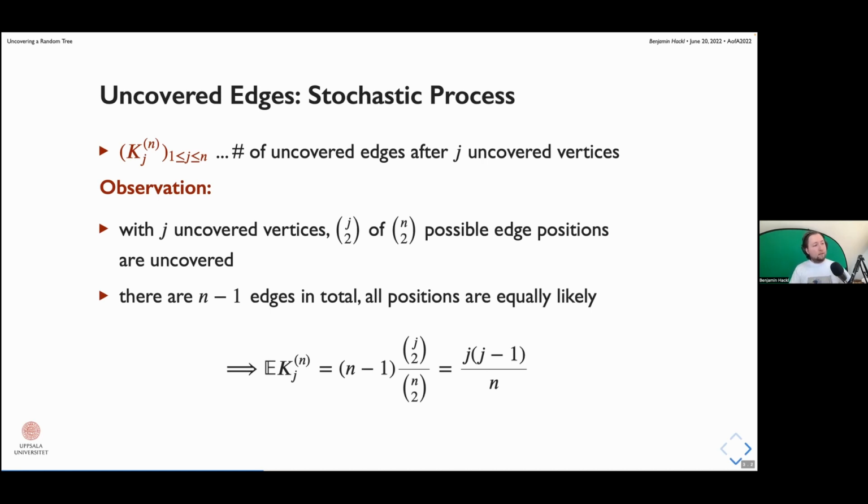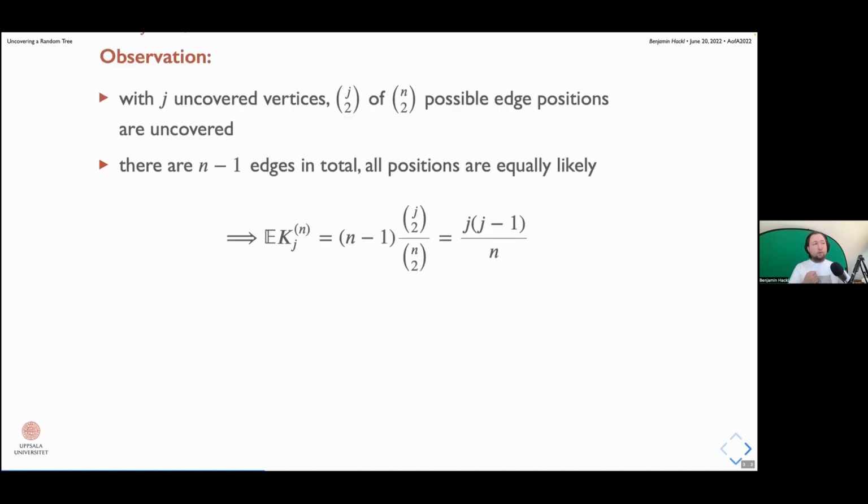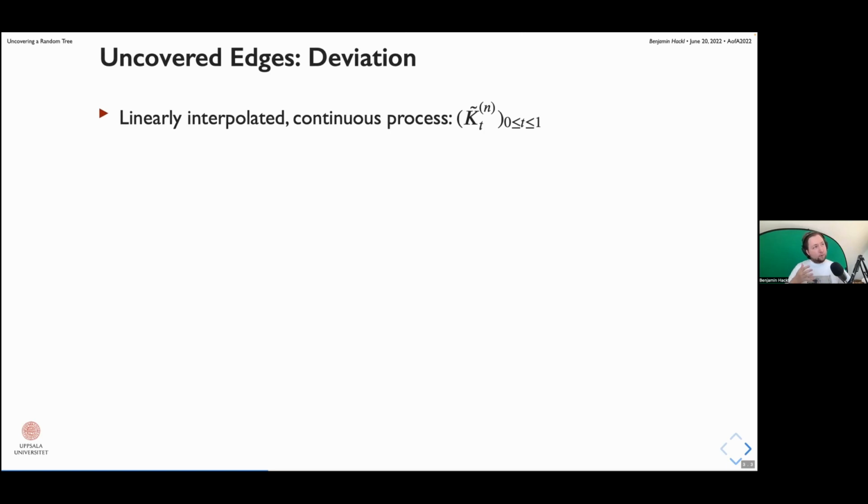And this is useful, but we want to learn more about this process. We want to see whether we can describe the limiting behavior a little bit more. For technical reasons, we switch from this discrete time process to a linearly interpolated continuous process scaled on the interval 0, 1.